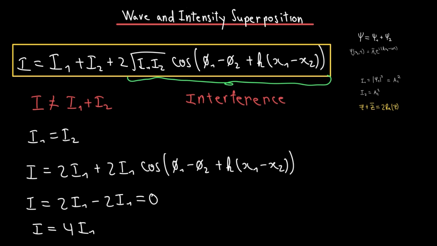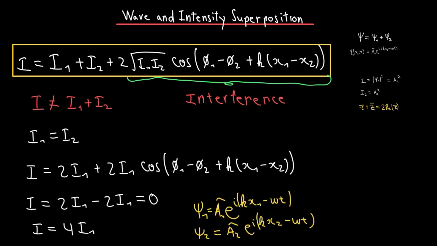So x1 represents the distance traveled by the first wave, and x2 represents the distance traveled by the second wave. And so if the distance is such that the cosine becomes negative, well, this difference in distance is responsible for destructive interference. Now, remember that initially we assumed, based on the mathematical expression for the two waves, that we had the same angular frequency for both waves. But in reality, this might not be the case.